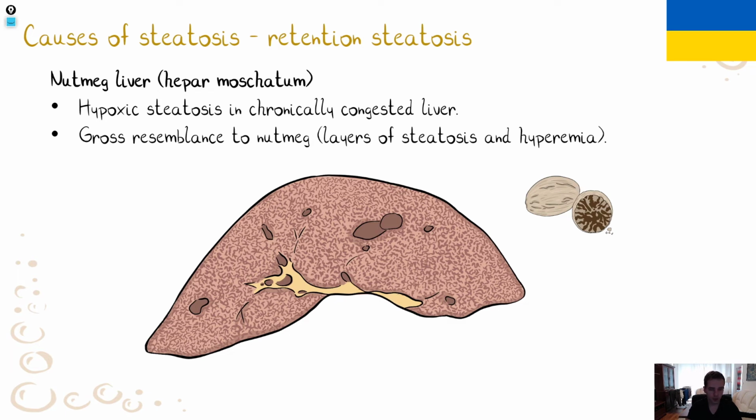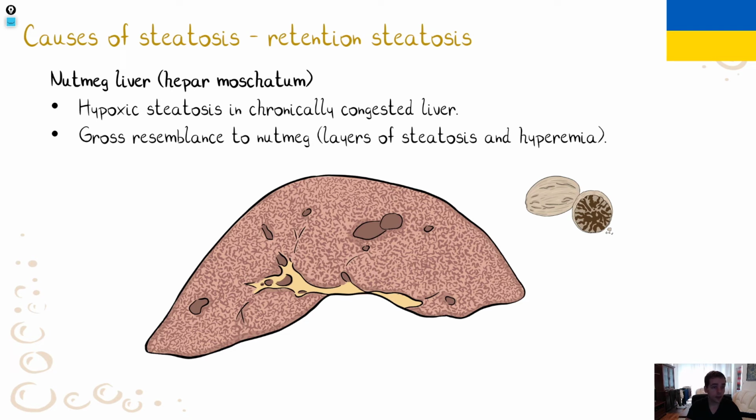Because if the organ suffers from chronic venostasis, typically in patients with right-sided heart failure, it means that the organ is also hypoxic, because venous blood physiologically is poor of oxygen, and in case of chronic congestion, the venous blood stagnates in the organ for a longer time, and so the hypoxia of the organ is prolonged.